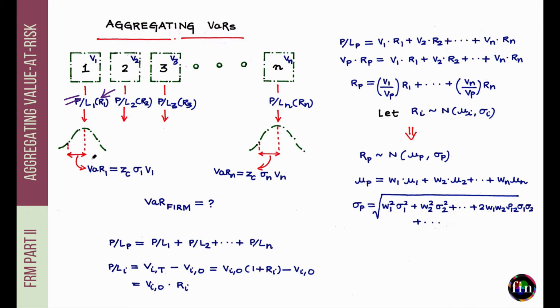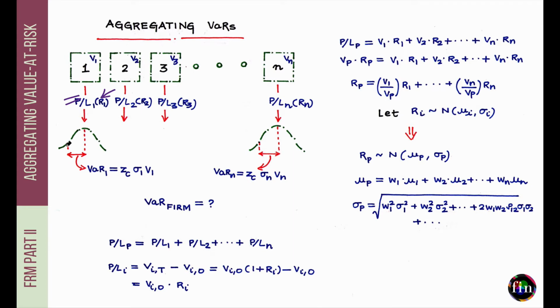Now, we'll be making a number of assumptions as part of getting to this aggregate VaR formula, and these assumptions are ones that you need to keep in mind when you apply this formula in any given context.